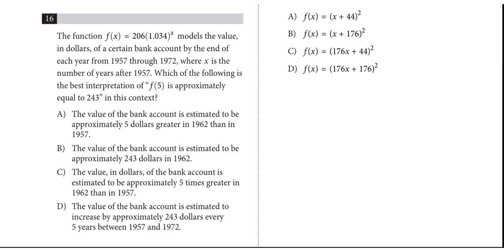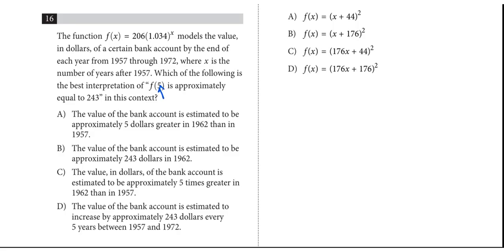Which of the following is the best interpretation of f of 5 is approximately equal to 243 in this context? Okay, so f of 5 simply means in 5 years.